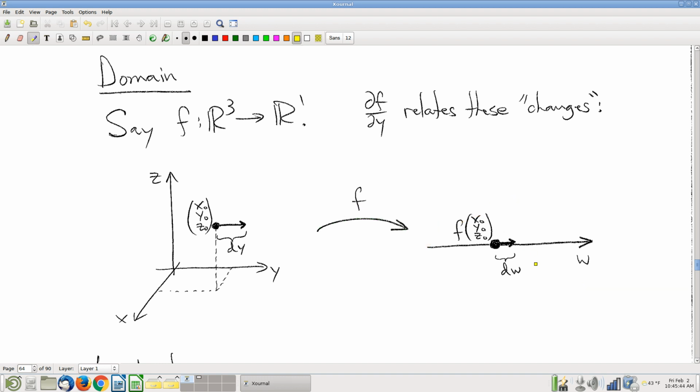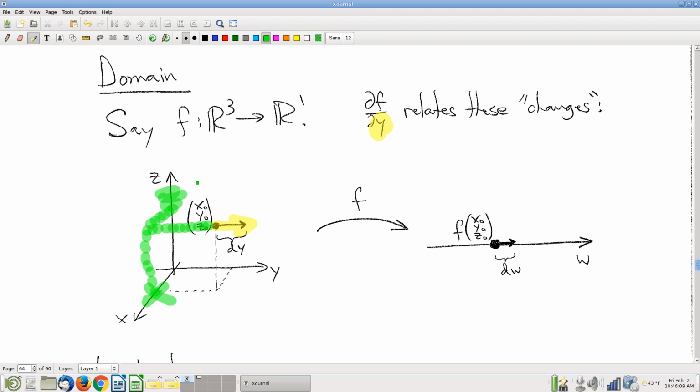I mean, you do have to, let's see here, we're taking the partial with respect to y, so we're only moving y. Y is the only thing allowed to change. X is fixed. Z is fixed. Those are not allowed to change. And so with X and Z fixed, you can see there's only one way left to go. We have to go in the Y direction.